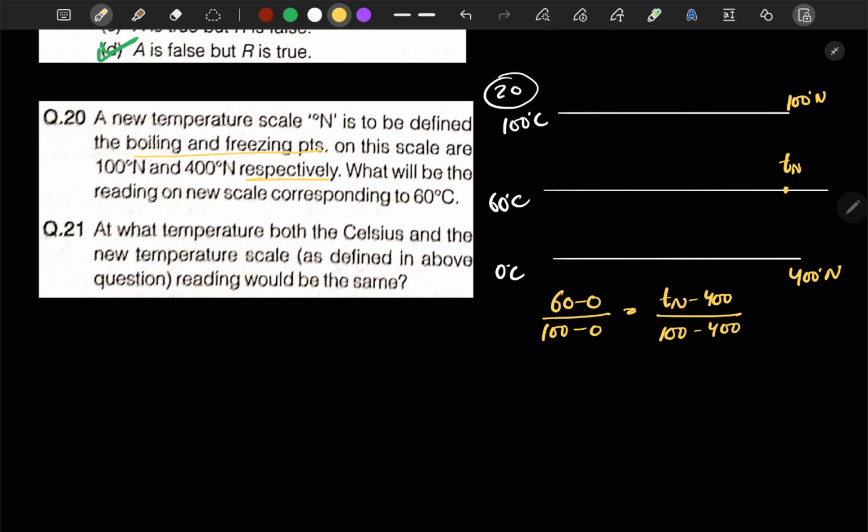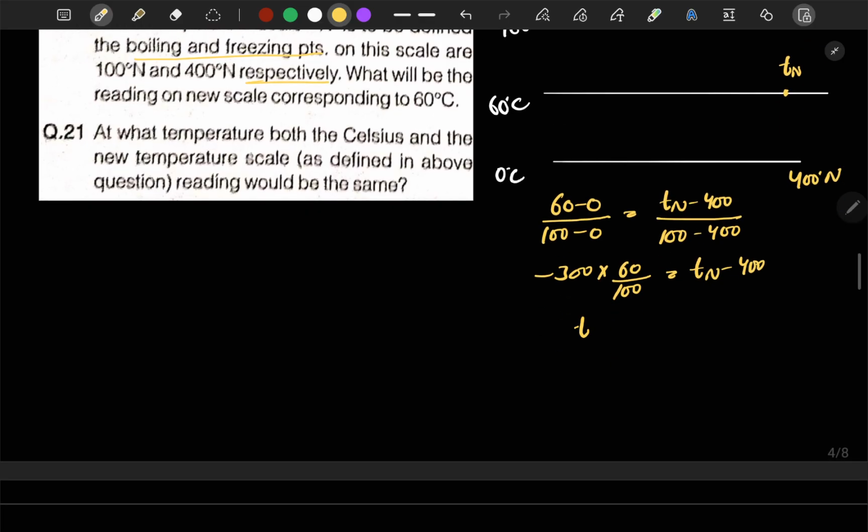So this will give us minus 300 into 60 upon 100 is equal to Tn minus 400. So the value of Tn, you will see, this will be minus 180 degrees, and 400 minus 180 will be 220 degrees N. Okay, so this will be the answer for question number 20.